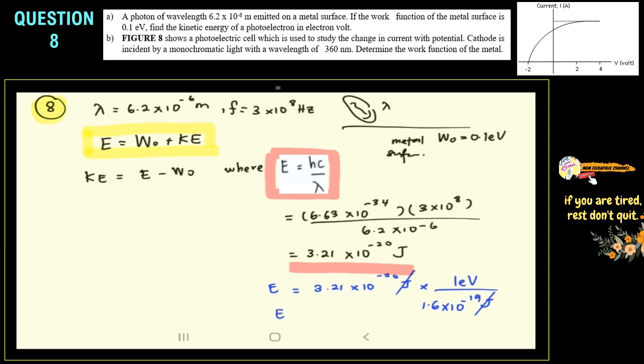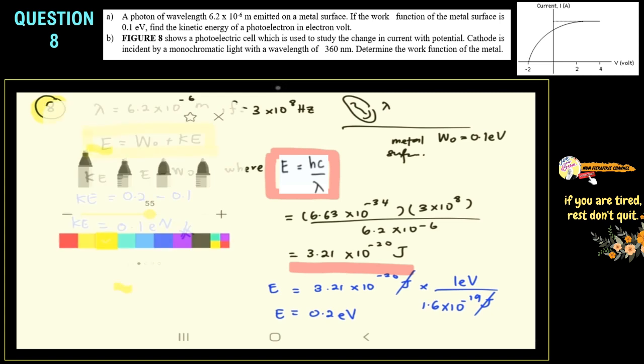Okay, so E is equal to 0.2 eV. Therefore, kinetic energy is equal to E 0.2 eV minus work function given 0.1. Okay, so 0.1 eV kinetic energy. Okay, so this is the answer.